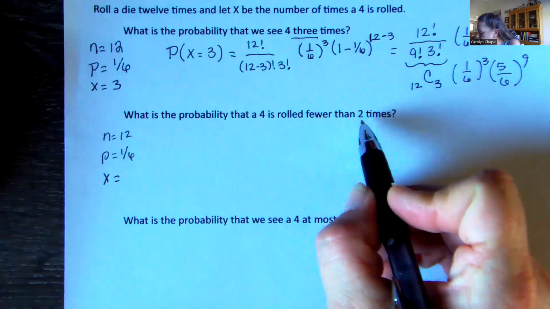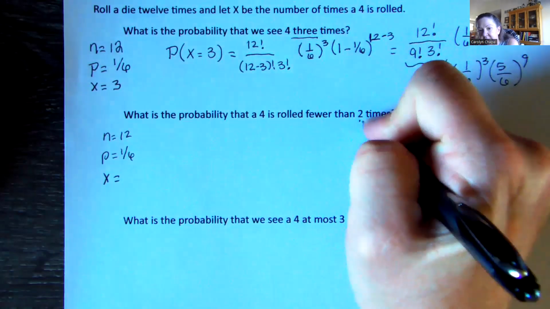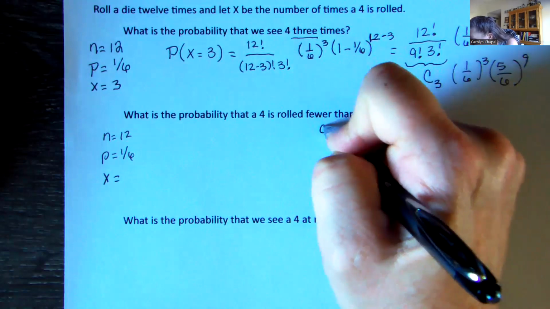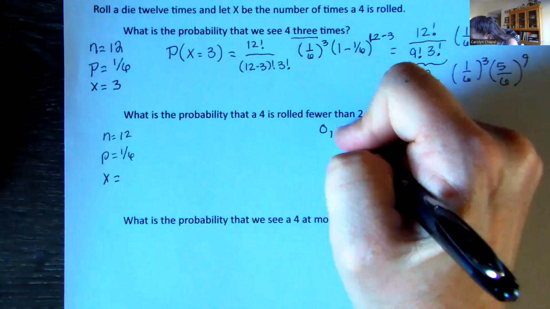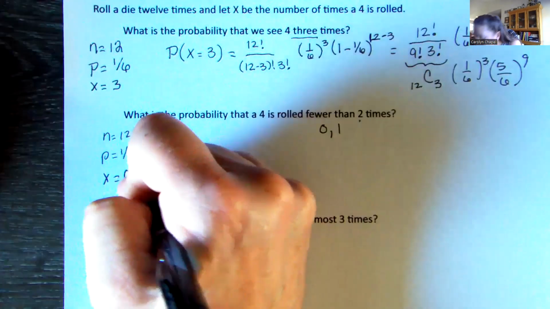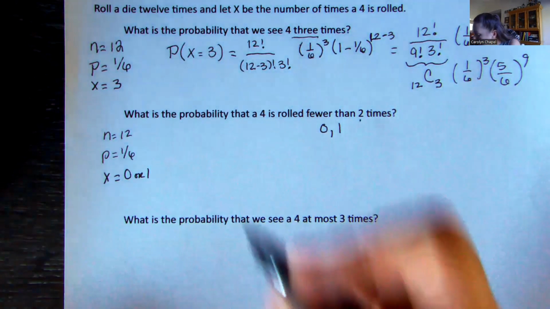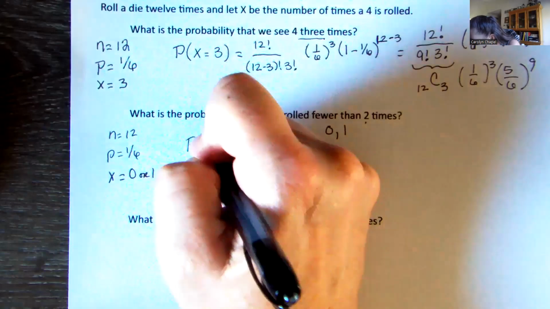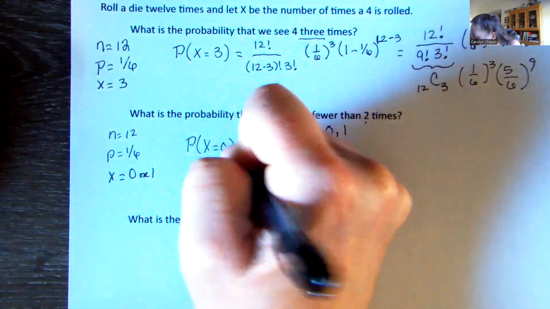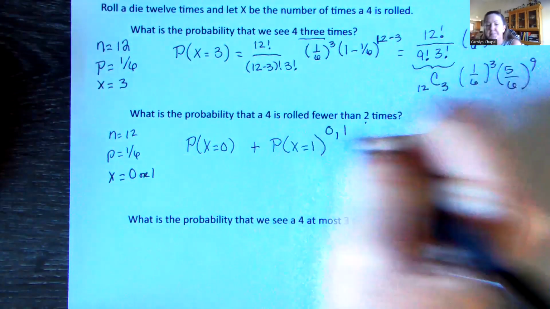Fewer than 2 means strictly less than 2, so 0 or 1, remembering we could have a 0 or 1. What we need to do is calculate them twice and add them together. We have to calculate the probability x is equal to 0 and add it to the probability that x is equal to 1.